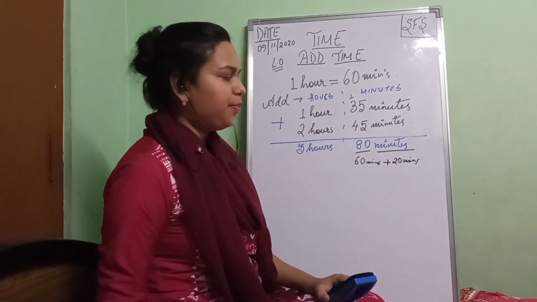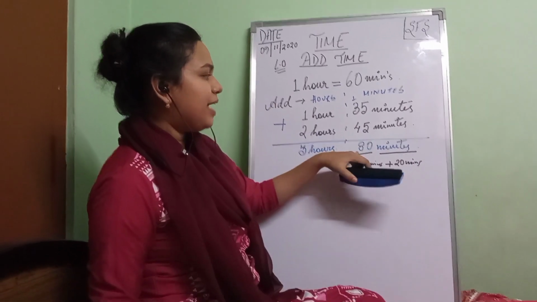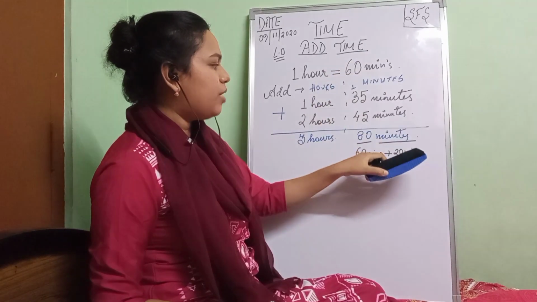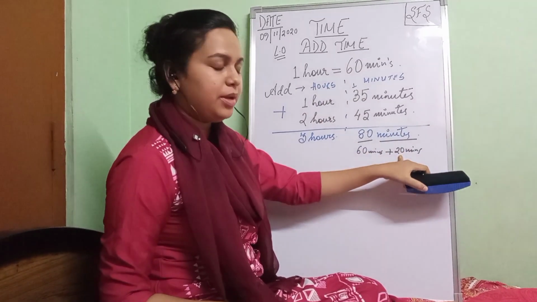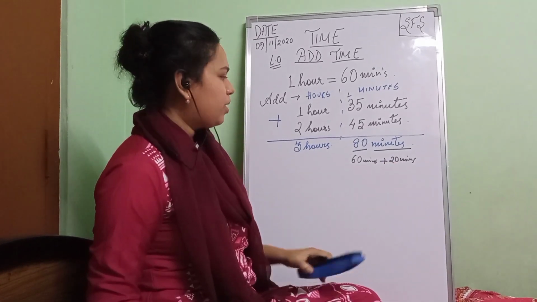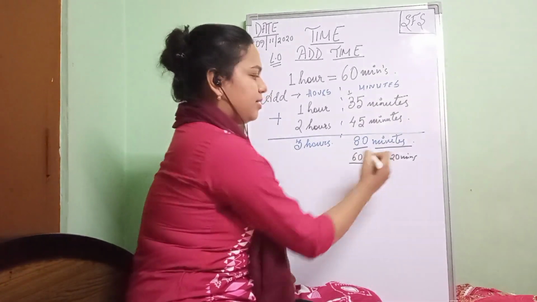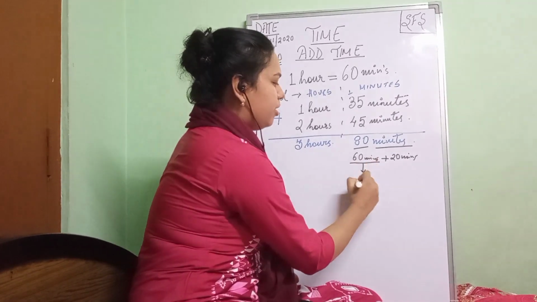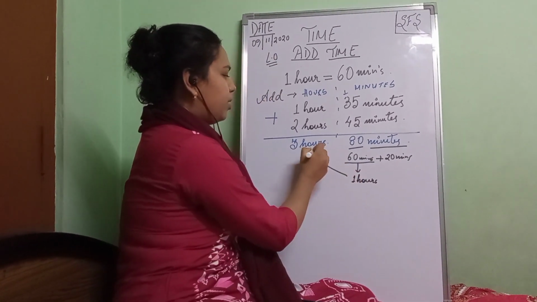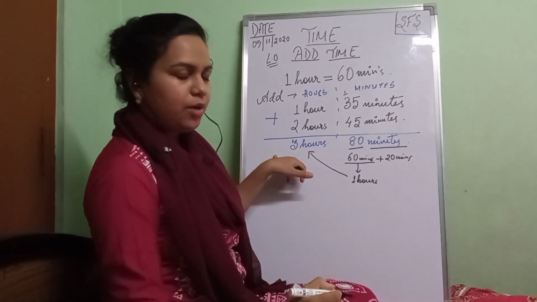Right, children? Now see, since 80 was greater than 60, we wrote 60 plus 20 minutes because 6 plus 2 is 8. Right? And what is 60 minutes? 60 minutes becomes another 1 hour. Right? And this 1 hour, we add it to 3 hours.